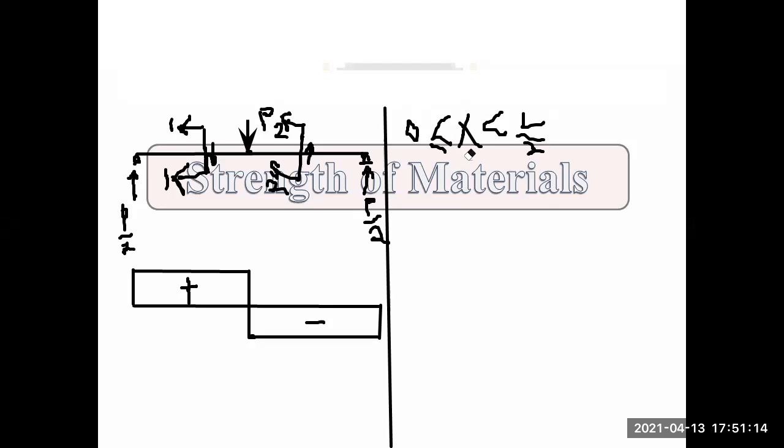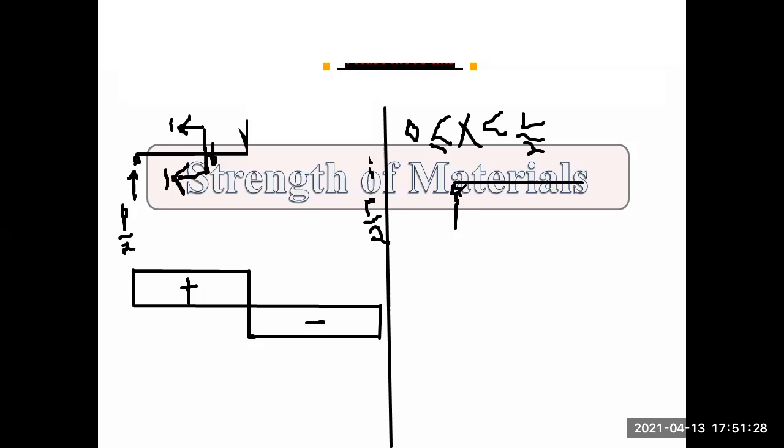Now I need to establish the equation. So what I do, I draw a section, and this is my support. I have a reaction upward, which is P over 2. The zone is prior to the load, so the load is not included.